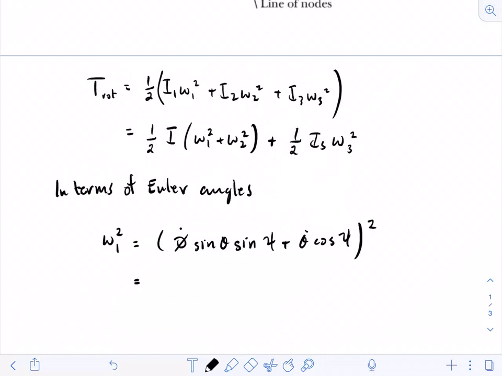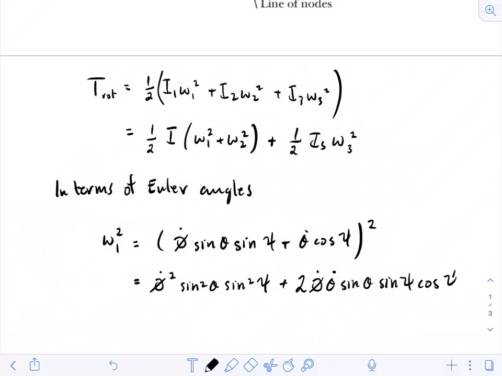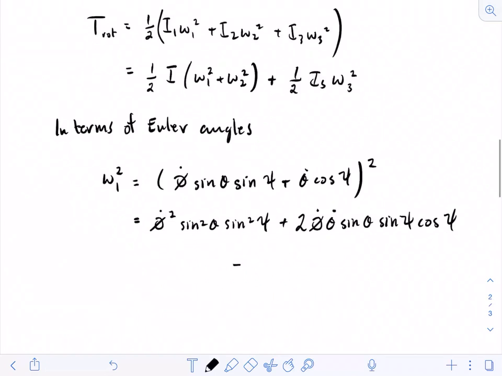Okay, so if we just expand the square, phi dot squared sine squared theta sine squared psi, then we have a cross term. We're going to get two copies of that cross term, phi dot theta dot sine theta sine psi cos psi, and then we have plus theta dot squared cos squared psi.